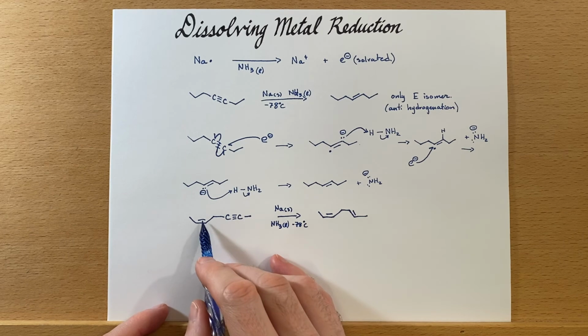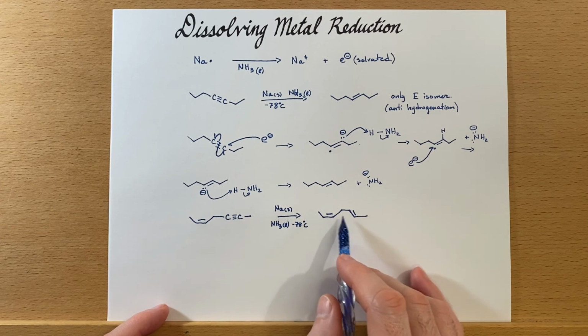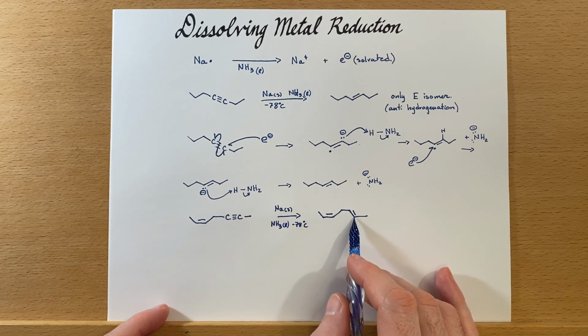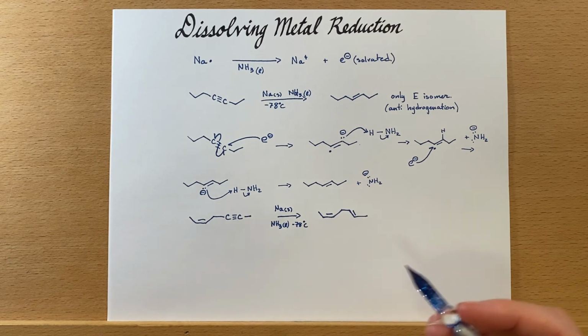And you'll notice that the double bond that existed in the molecule already remains. And then now we've formed a new trans substituted bond here. So now we have options.